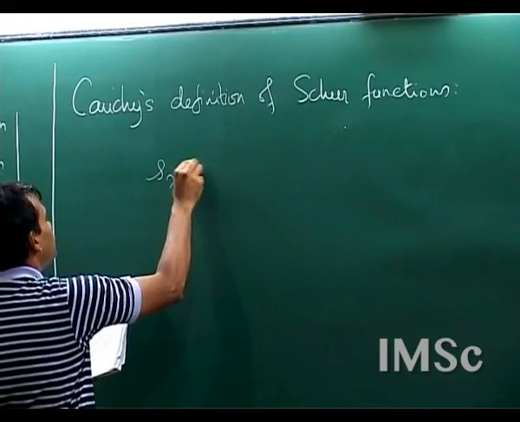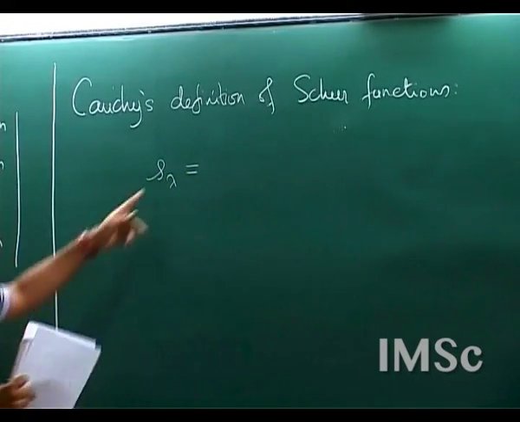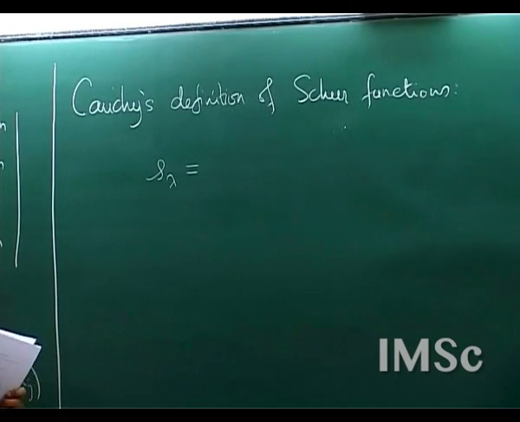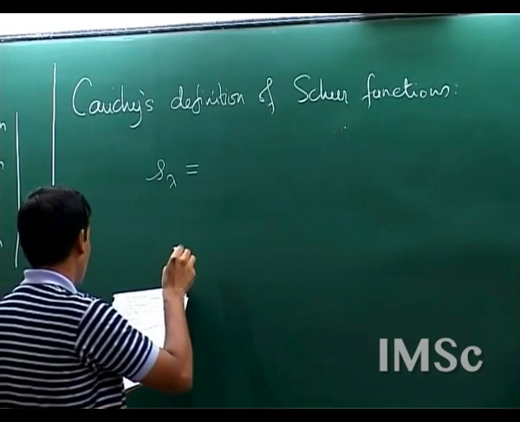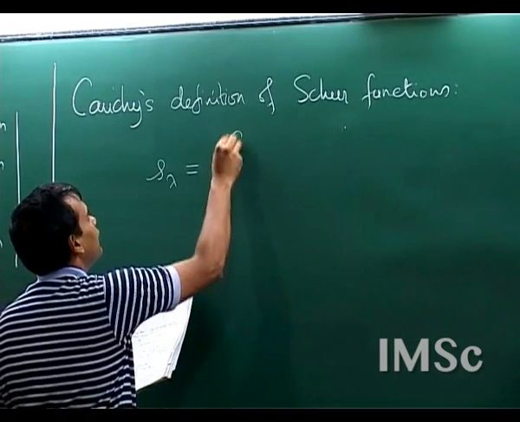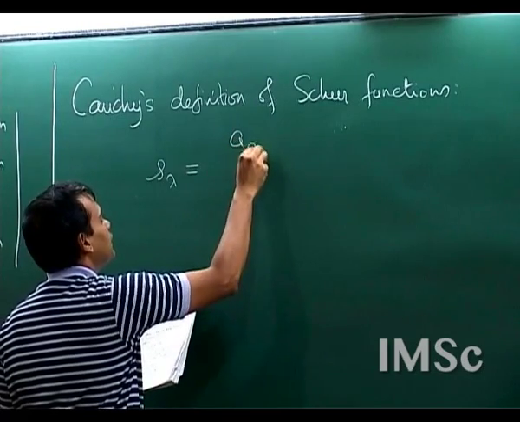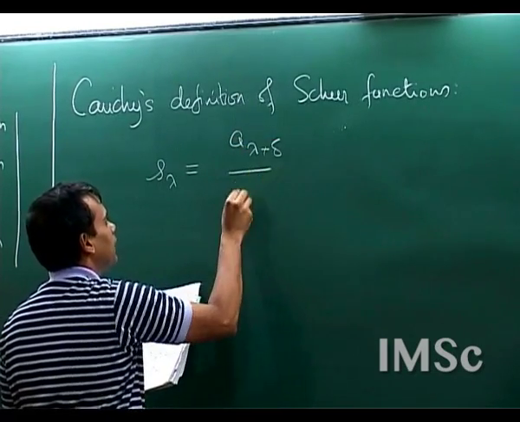So for each partition, let's say that lambda is a partition of n, then for each partition of n, the Schur function s lambda is a lambda plus delta divided by a delta.